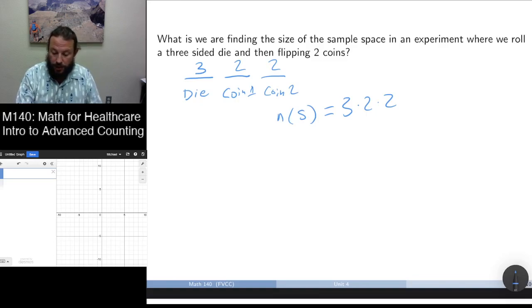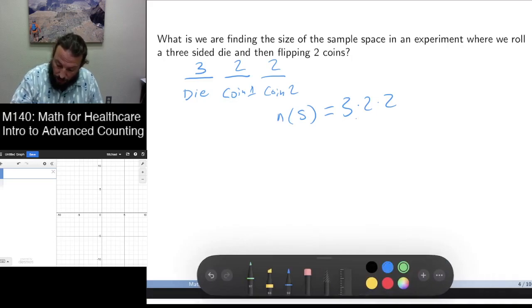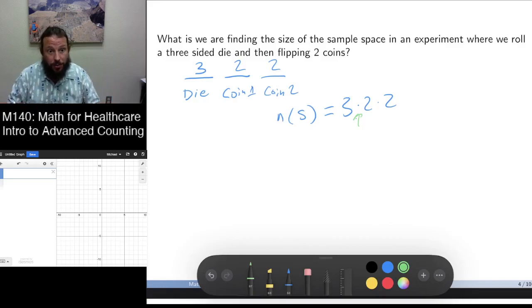That's for each of the 3 die outcomes, there's 2 coin outcomes, and so it's that multiplication, that for each. And then for each of those 6 possible outcomes, there's another 2 for each of those, right?